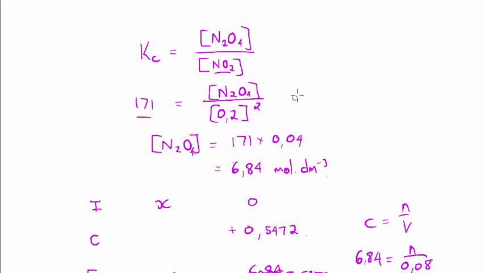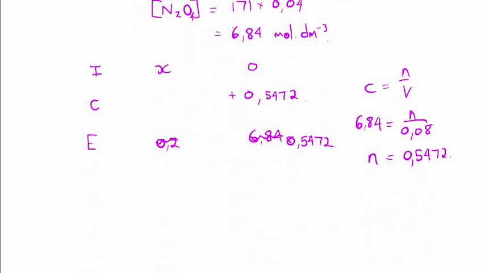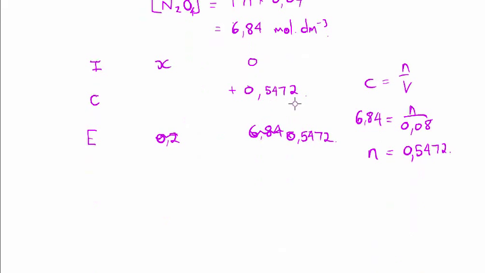But now look at the reaction formula, NO2 to N2O4. For every 1 mole of this, 2 moles of that is used. In other words, if this one increased with that much, how many did this one decrease with?